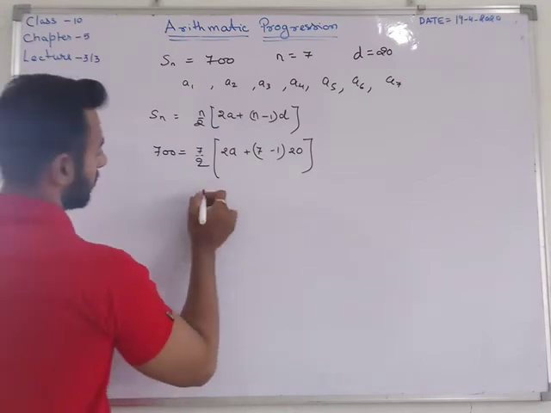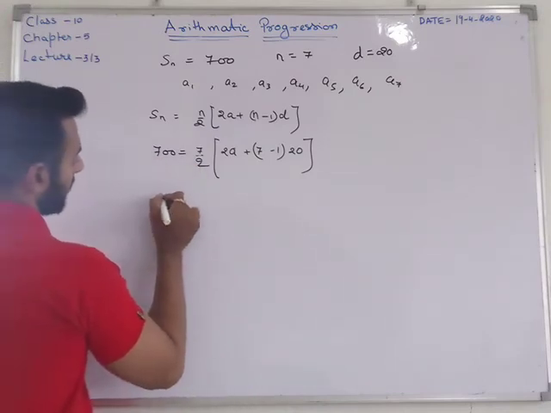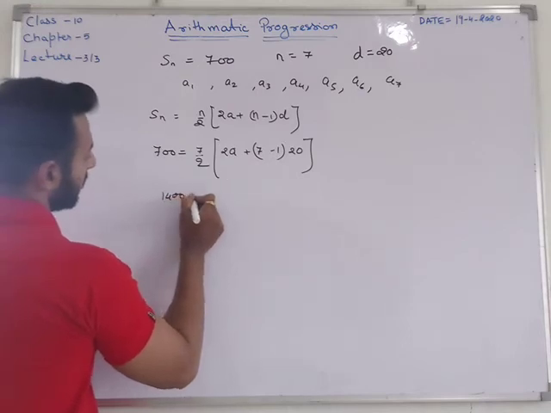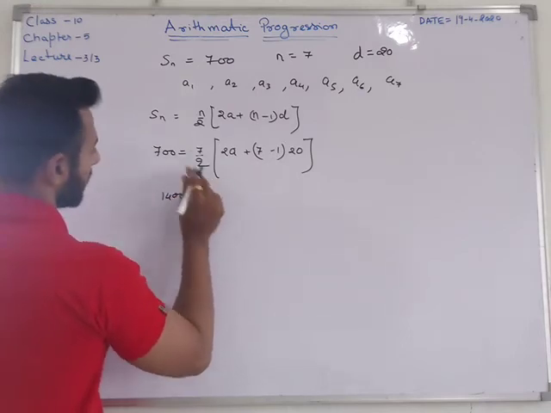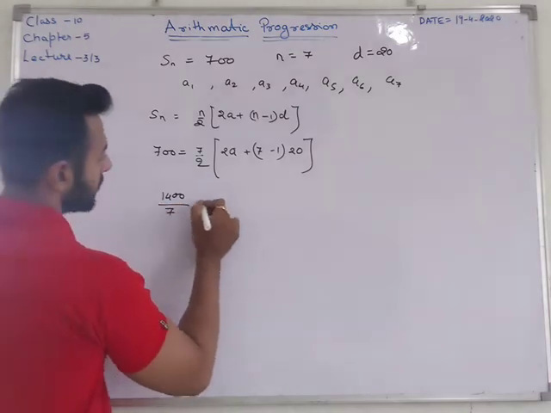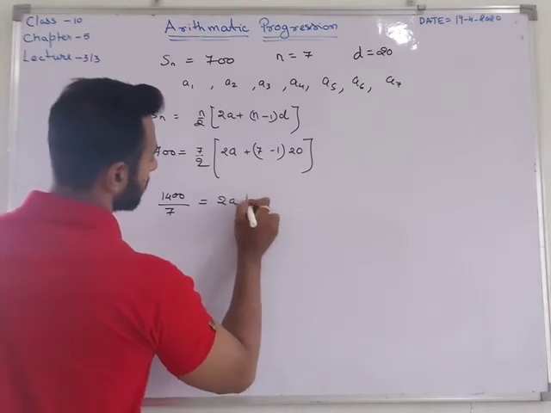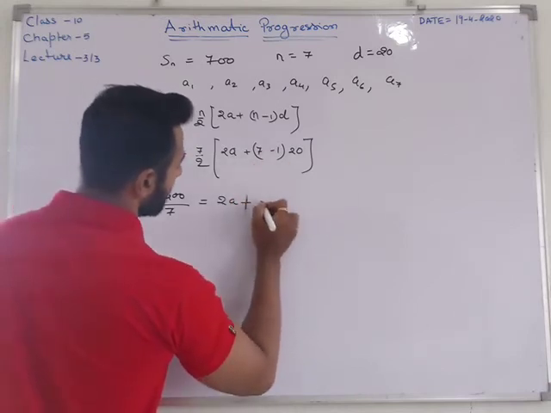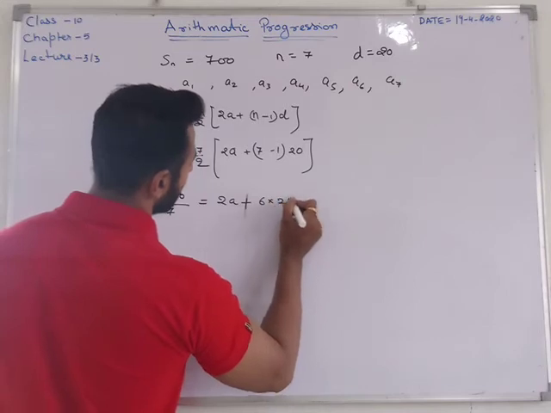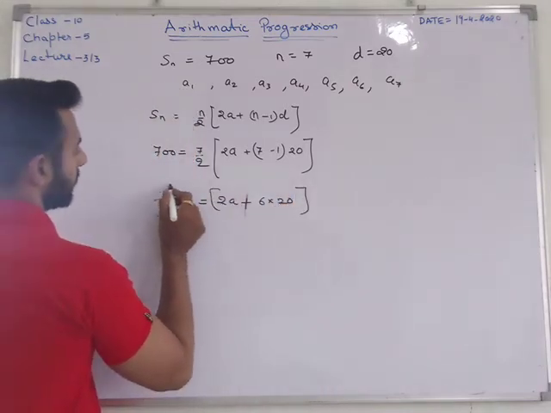Solving this, taking this 2 to the left hand side, it will be 1400, and taking the 7 in the denominator, so it will be 200 is equal to twice of a plus 6 into 20.